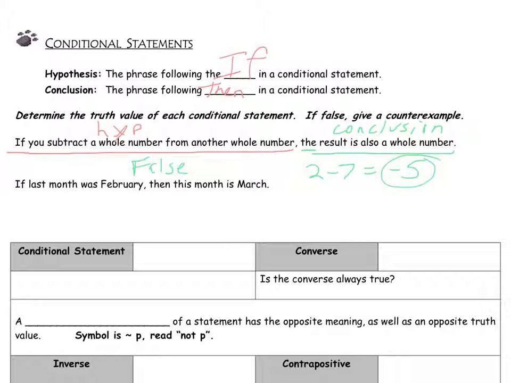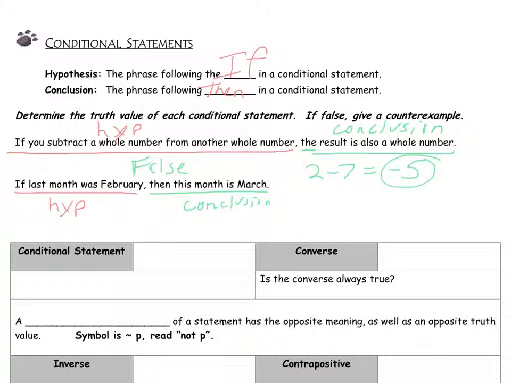The second one, again, if this is my hypothesis, if last month was February, then this month is March. Conjecture, or I'm sorry, conclusion. Is that a true statement? If last month was February, then this month is March. Can you think of any example where this month is not March?